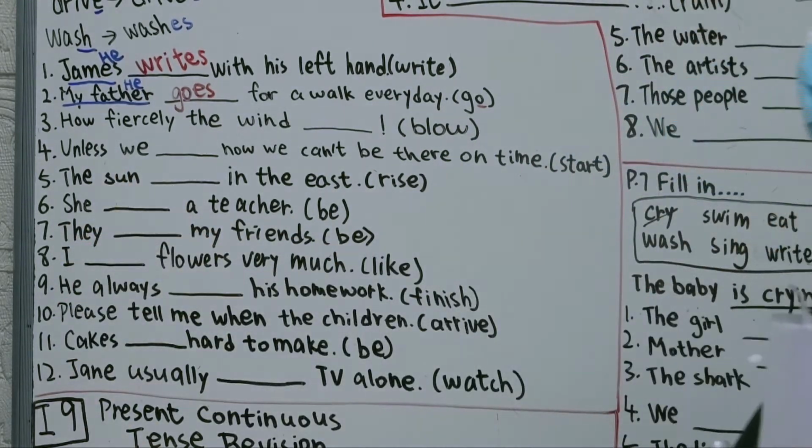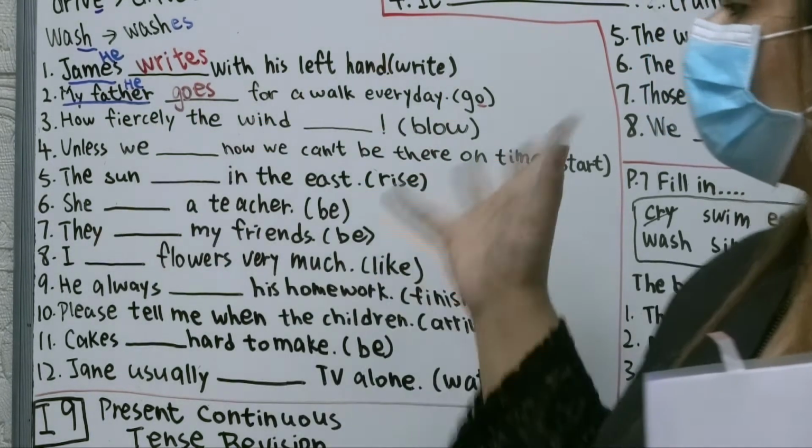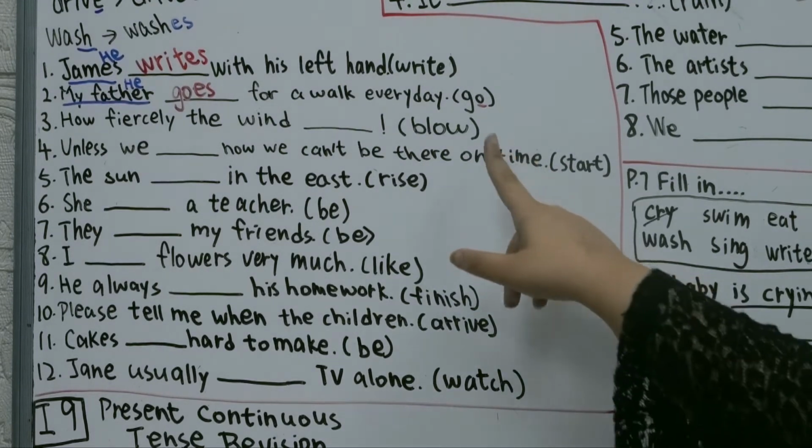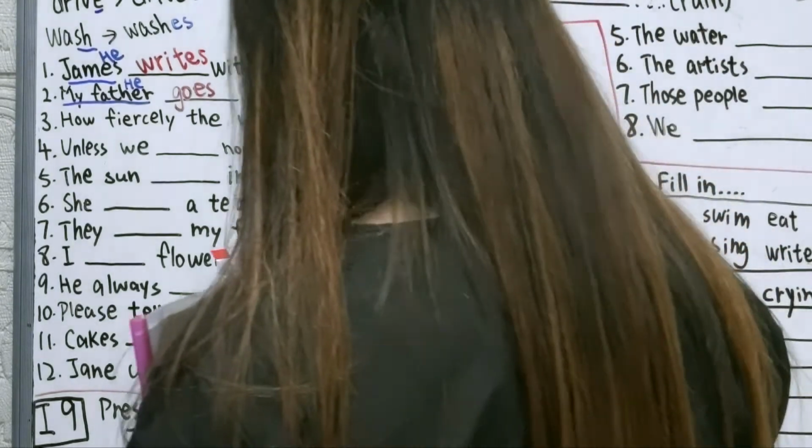Okay, 3. How fiercely the wind blows. Fiercely, what does it mean? Very strong. Actually, when you get fierce, it means you're very angry. So fiercely here means strong, because it is the wind. Good. We add S here. Why? The wind is it.